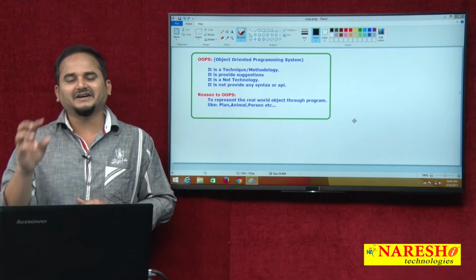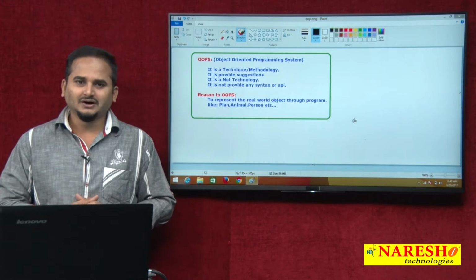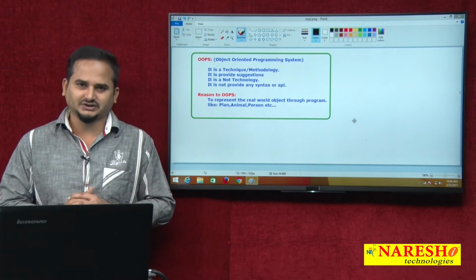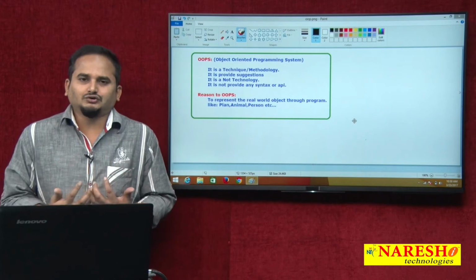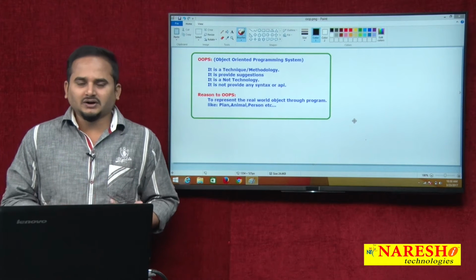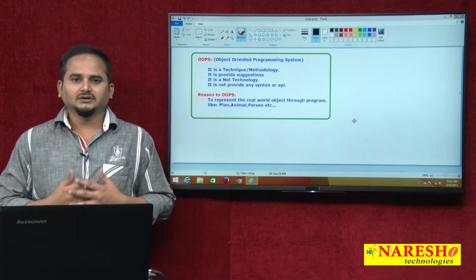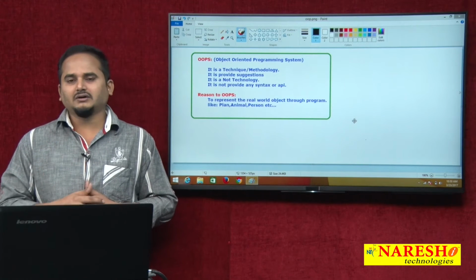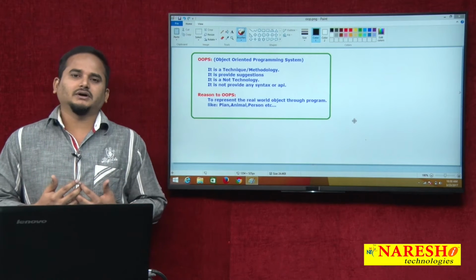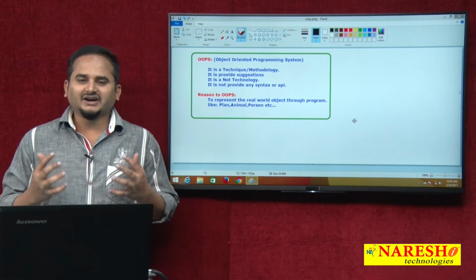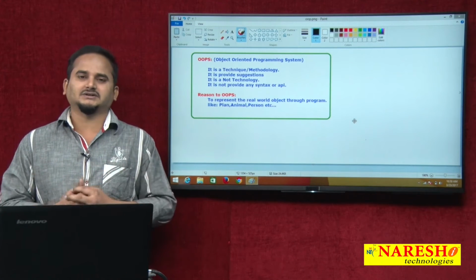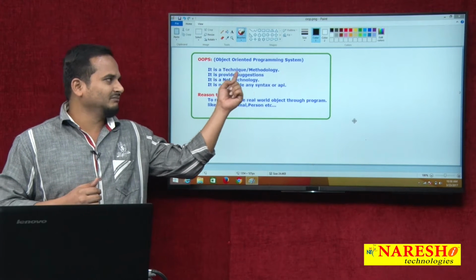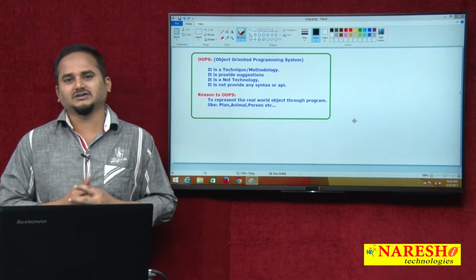It is a technique which provides some rules and regulations. If you want to develop any technology like C++, .NET, Java, we require some fundamental techniques, some methodologies.